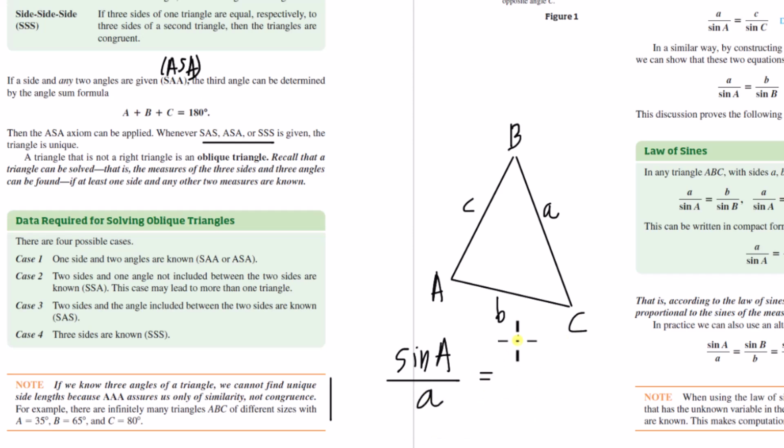But we can't solve for any other angles because we only have one angle. So we have side length C, so let's do sine of C over C. Well, that's not so bad. We've got one equation, one unknown. We know sine of A, we know side length A, we don't know sine of C, but we know side length C. So what's the problem?